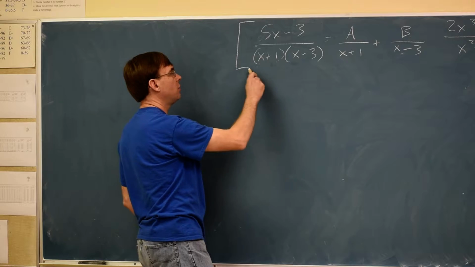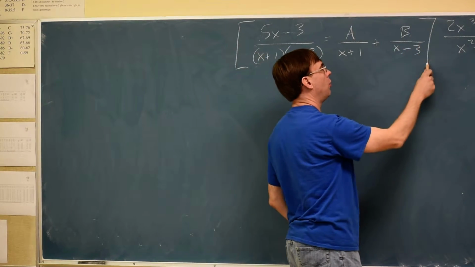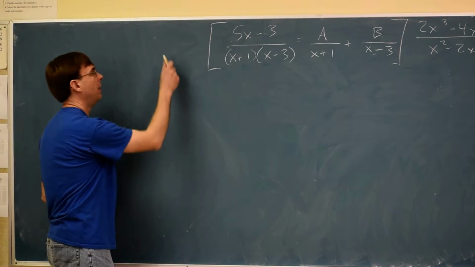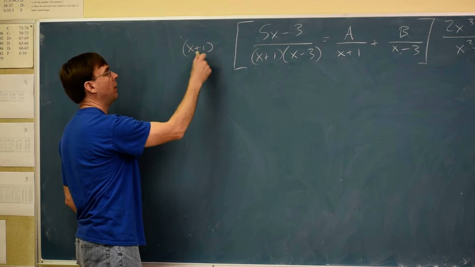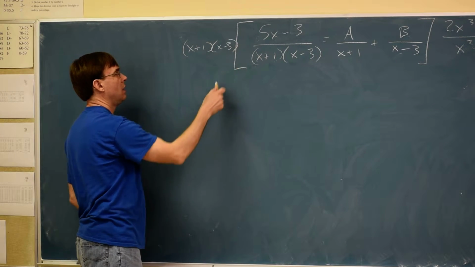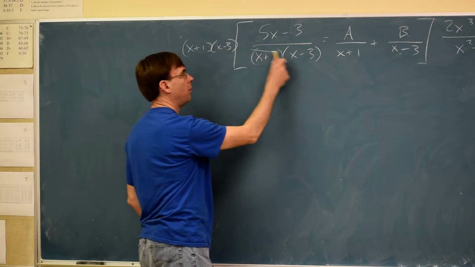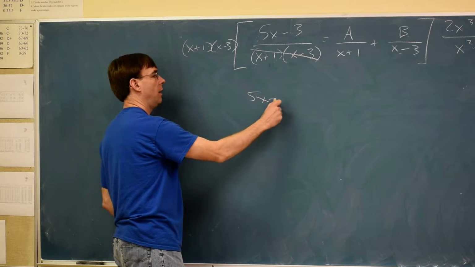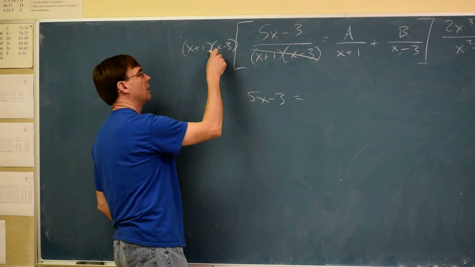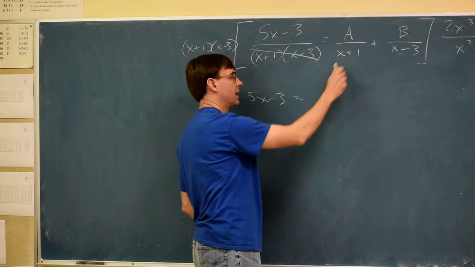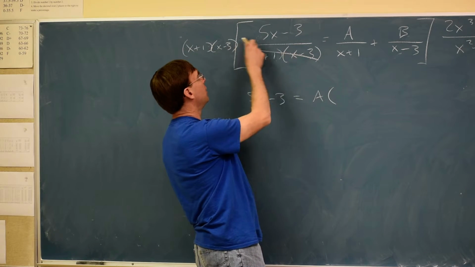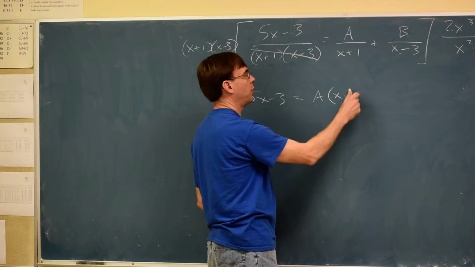The best way to do this is to multiply this whole problem by that common denominator. Because if we multiply by the common denominator, this will bump this off, leaving the top. This will bump off this. But the A would still have to multiply the other piece.